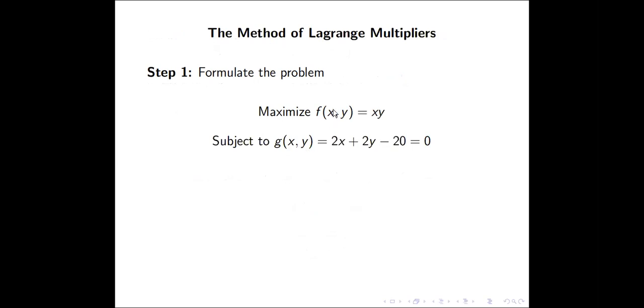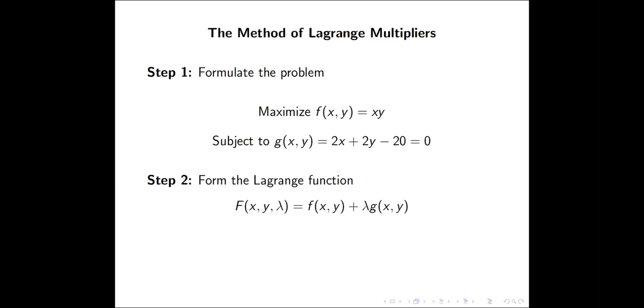And using these two functions f and g, we can construct for step 2 what we call the Lagrange function. It's given generally by capital F, the Lagrange function, which is a function of three variables, x, y, and lambda. And lambda here is called a multiplier, and hence the name Lagrange multipliers. It's constructed by adding the function to be optimized plus the constraint function times the multiplier lambda.